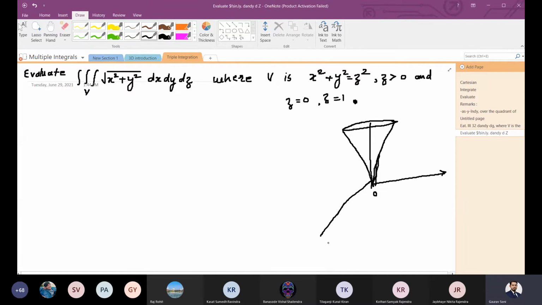This is origin, this is x-axis, this is y-axis, and this is z-axis. So what is z equal to 0? Sir, XY plane. So z equal to 0 is the xy plane, and z equal to 1?